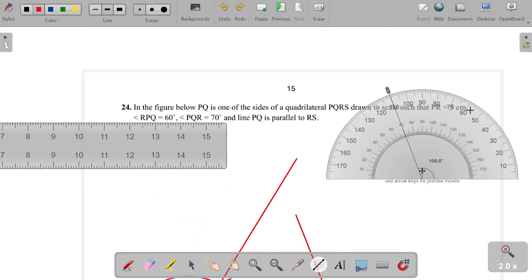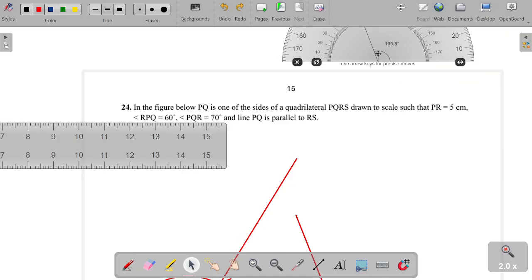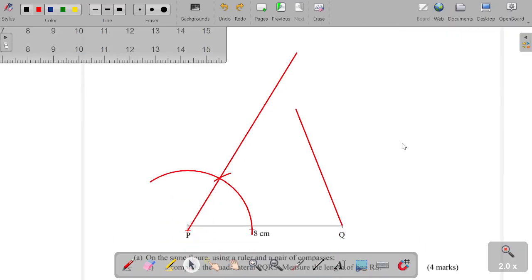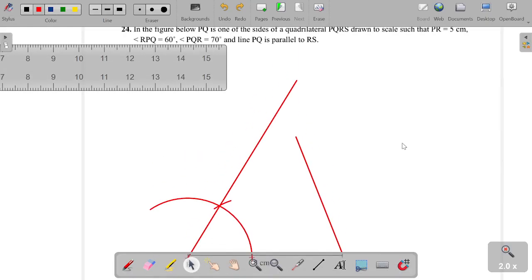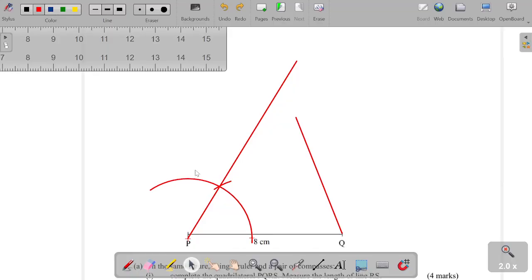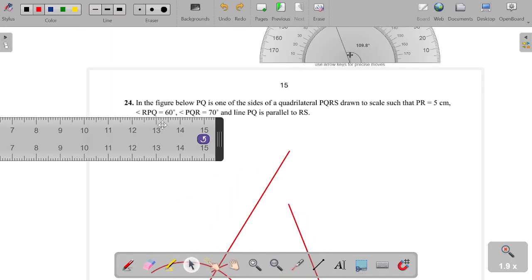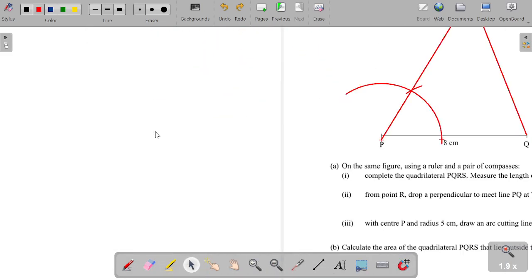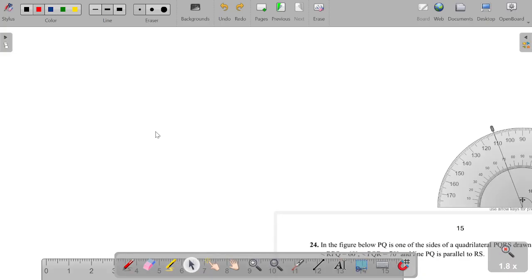Sorry. Remember, mine might not be that accurate because I'm just following PR should be 5. So the distance from P to R should be 5. 5 I can measure using 5 centimeters. Where is my compass? It has disappeared. Oh my God.